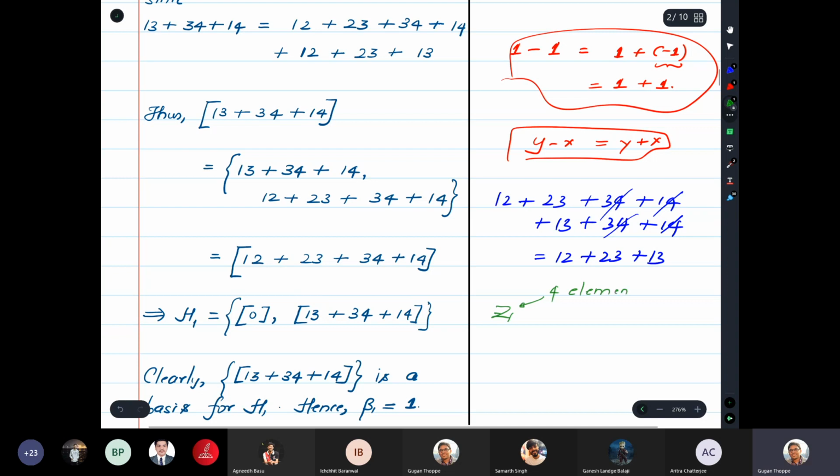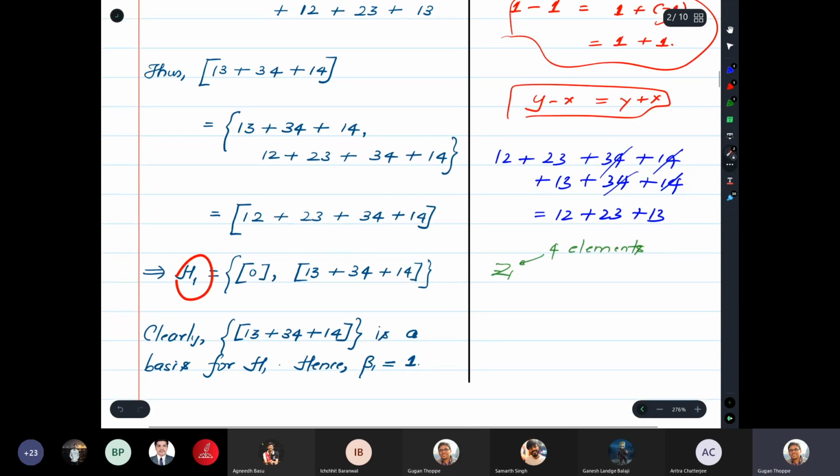However, we set some equivalence between the different elements of Z1, and we now end up with only 2 elements in H1. If I ask you what the dimension of this vector space is, you can see that this alone is a basis for it.